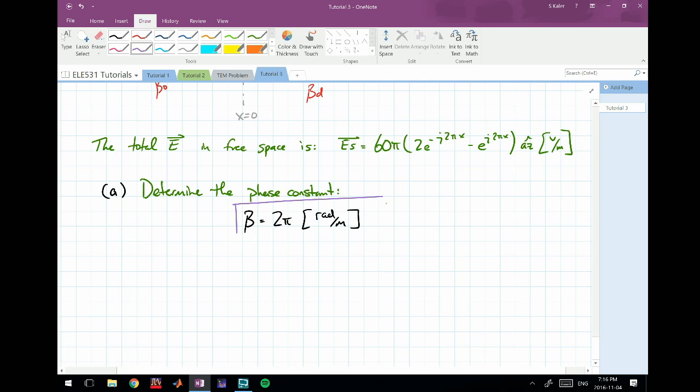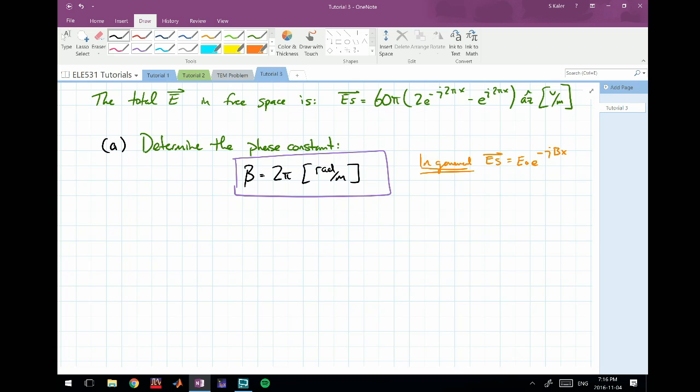And we know that's 2 pi just by comparing, because in general, Es equals E naught e to the minus j beta x. So that's how we know beta is 2 pi. We literally just look at it and get like 2 marks or something like that. I think the whole thing's worth like 35 marks.